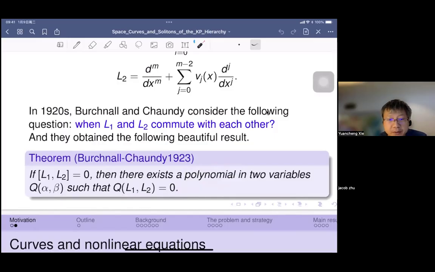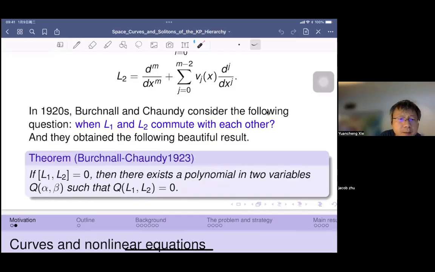Since L1 and L2 commute, there's no problem of ordering. So that immediately connects the series of linear differential operators with a series of algebraic curves.